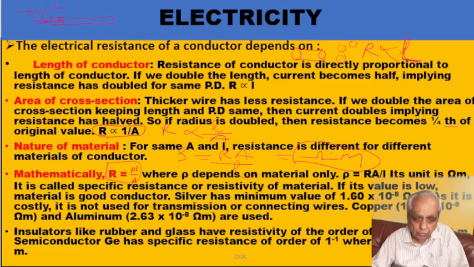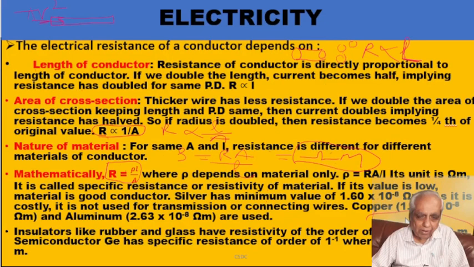So that is why they are called semiconductors, because their value is neither in the range of 10 raised to minus 8, nor the very high value of 10 raised to 12 to 17 as in the case of insulators. So they are semiconductors. Is it all right?